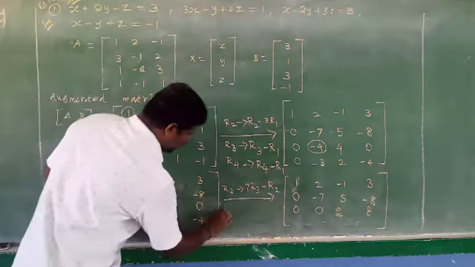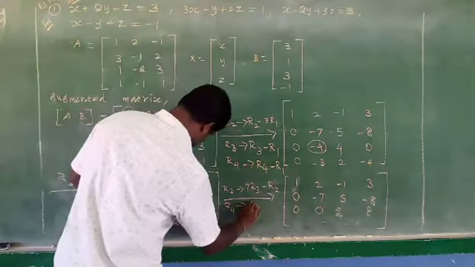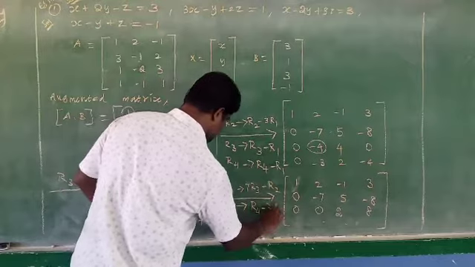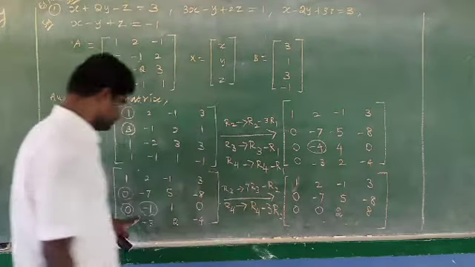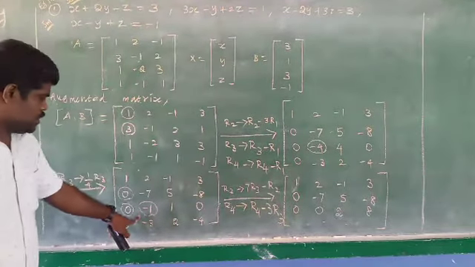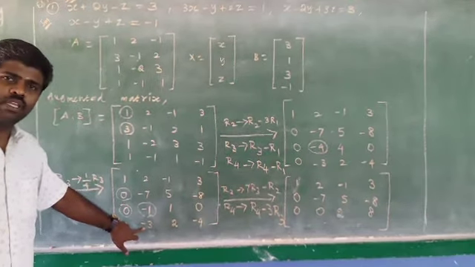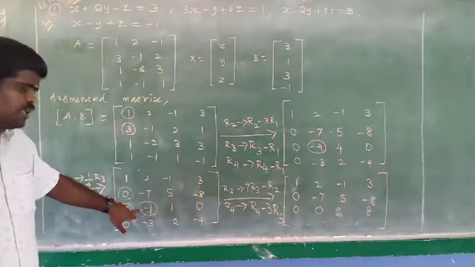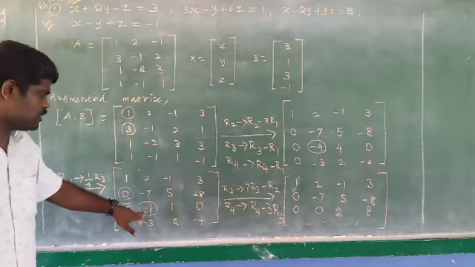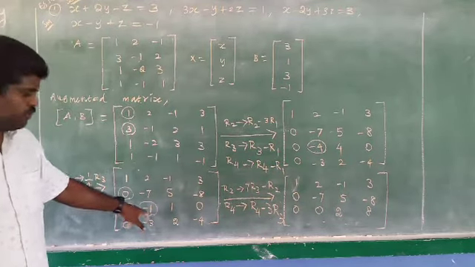And fourth row, R4 tends to R4 minus 3 R3. If you have minus 3, we will multiply this one by 3. What is the value? Minus 3 minus of minus 3. So the answer is 0.